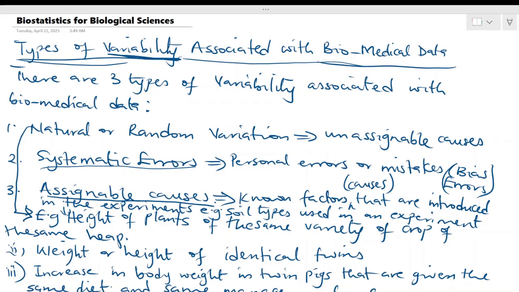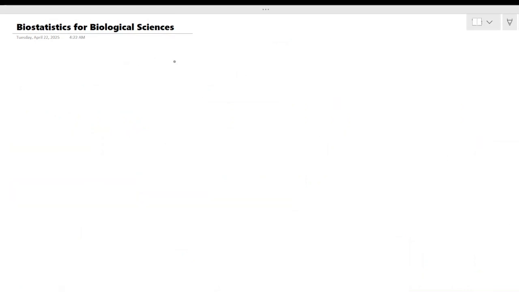Taking a look at these three basic types of variation associated with biomedical data, we can now deduce what total variation is.